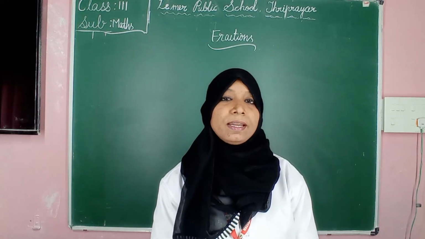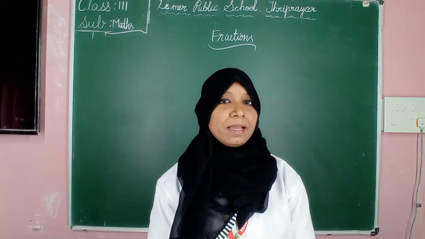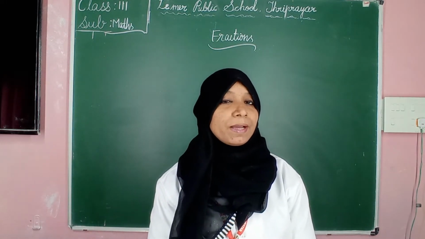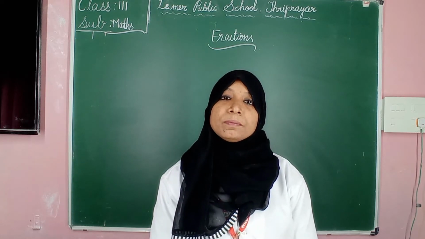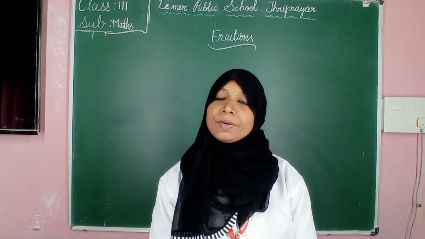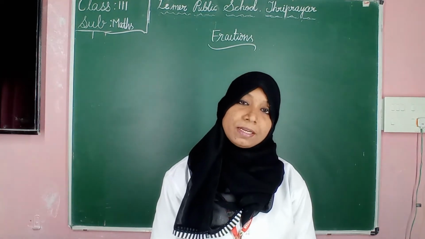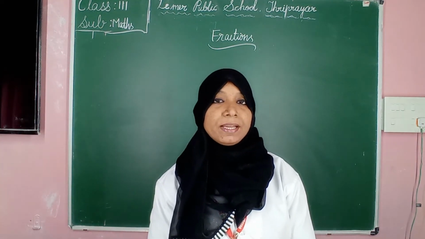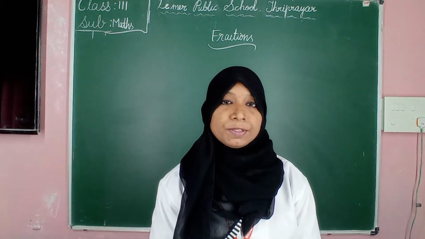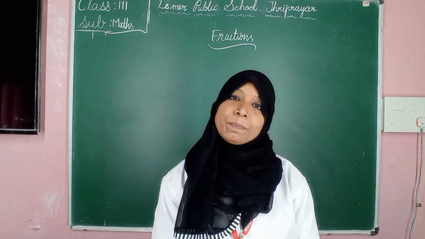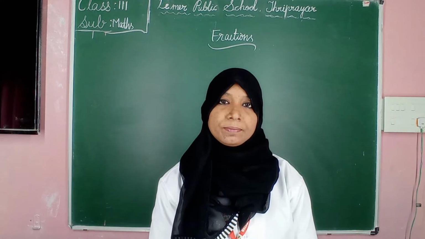So write and study the words numerator and denominator and correct the pronunciation also. Numerator and denominator are the two parts of a fraction. The upper part is called a numerator and the lower part is called a denominator.